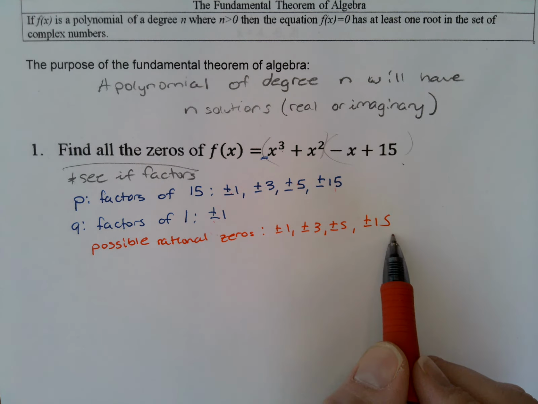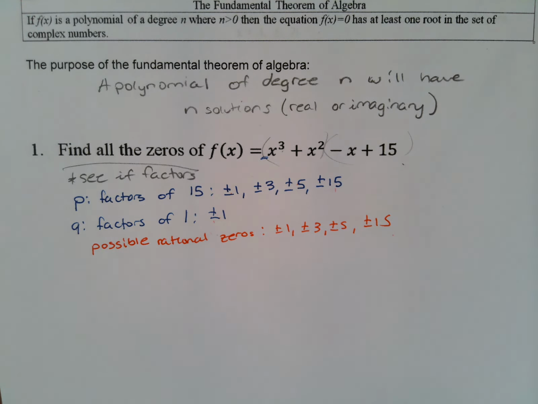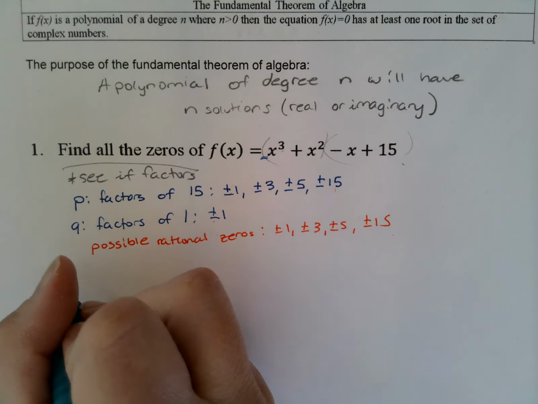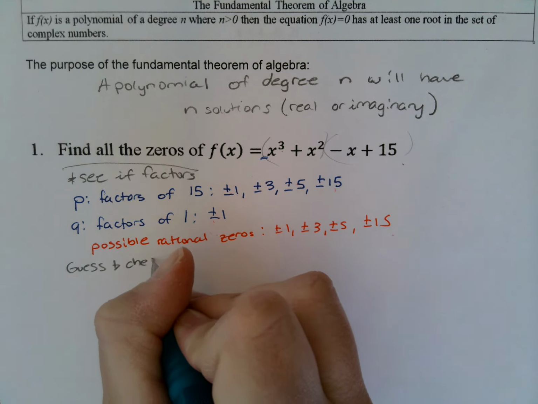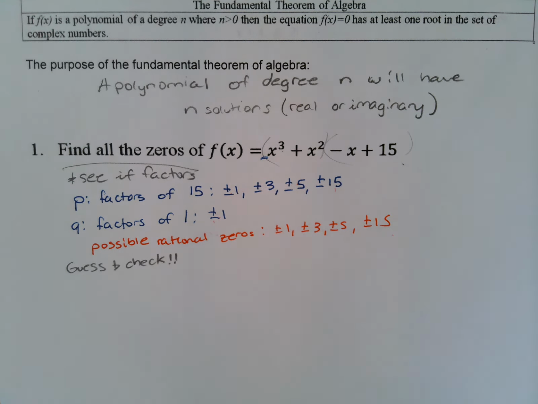Out of this list, I've got to figure out which one's going to work. The only way to do that is guess and check. You can save yourself time doing mental math, and I'll show what that is after I do it all. But you just got to guess and check.